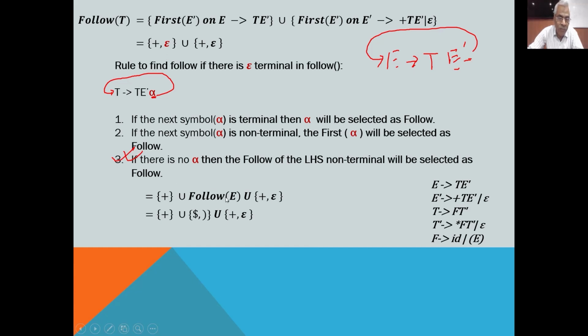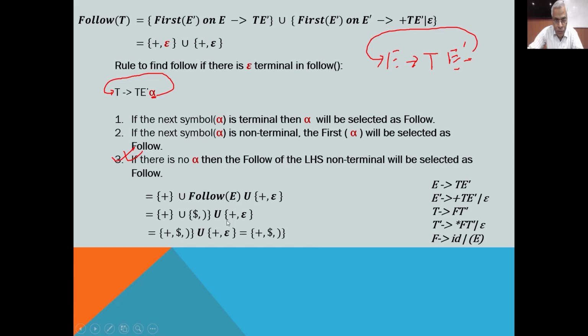We have already defined follow of E, and the symbol of follow of E is dollar and closing bracket, so I have written here dollar and closing bracket.